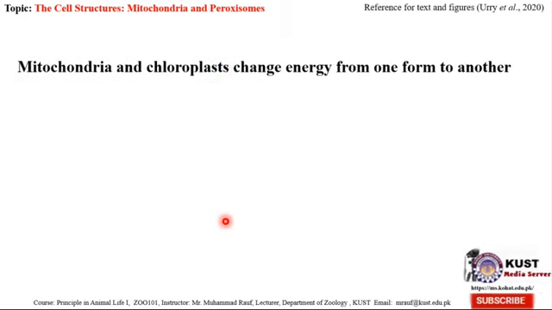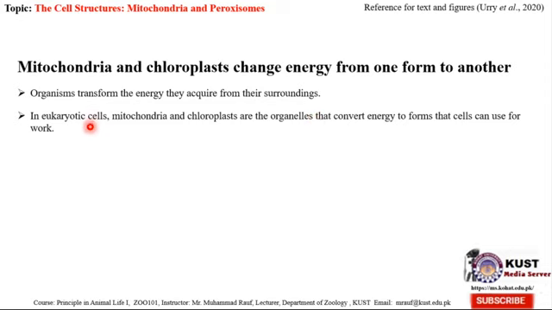Introduction. Mitochondria and chloroplasts change energy from one form to another form. Organisms transform the energy they acquire from their surroundings. In eukaryotic cells, mitochondria and chloroplasts are the organelles that convert energy to forms that cells can use for work.